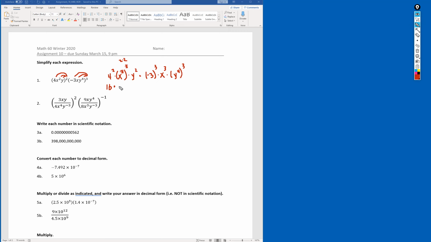So that's going to be x to the fourth. And then y squared. Negative 3 cubed: negative 3 times negative 3 times negative 3 is negative 27. And then x cubed.